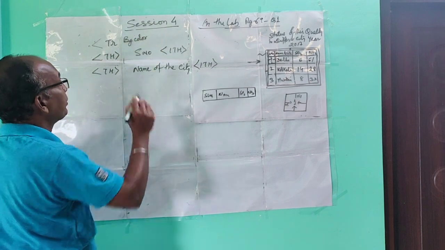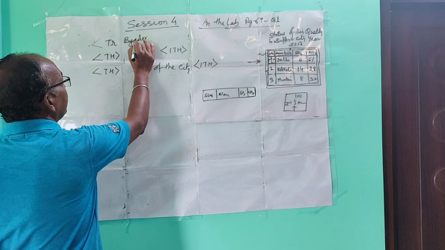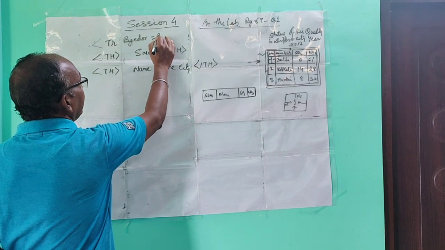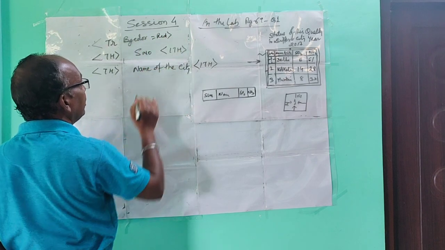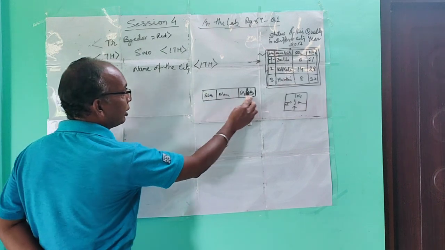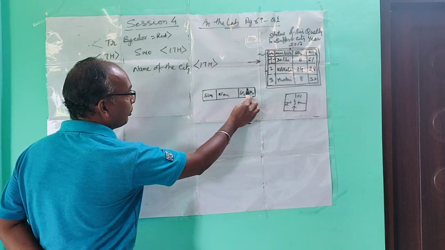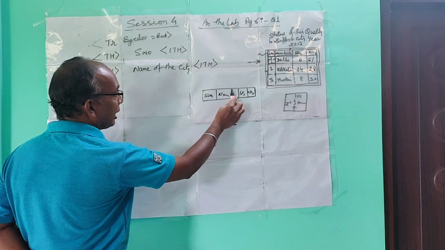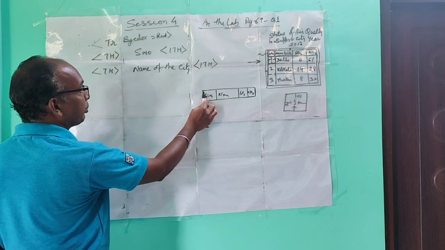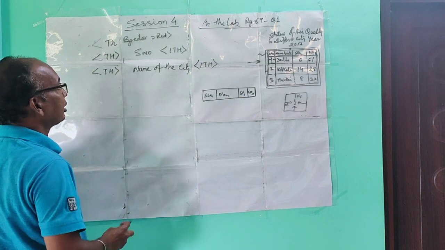Don't give any space between bg and color. bgcolor equals, I am giving red here. Then you see this whole row, the background color of the cells appears red.